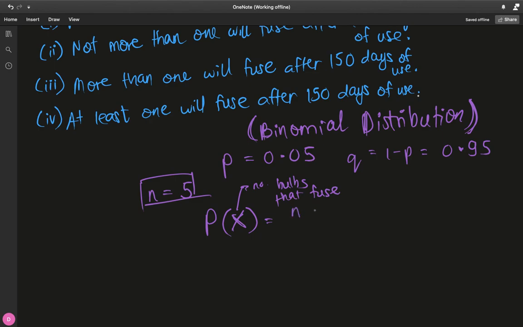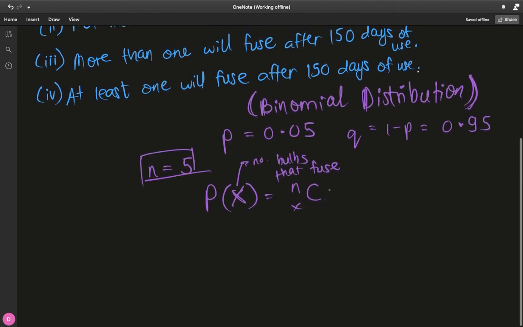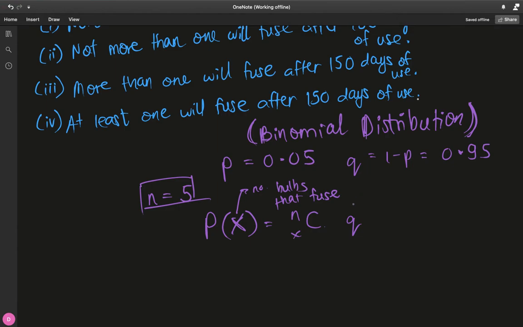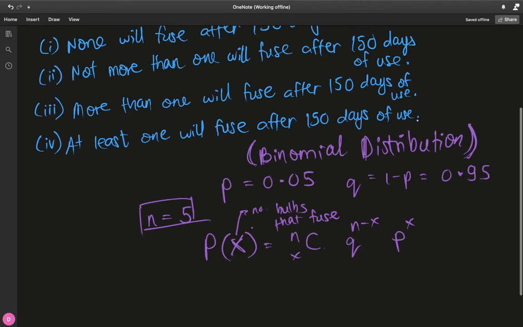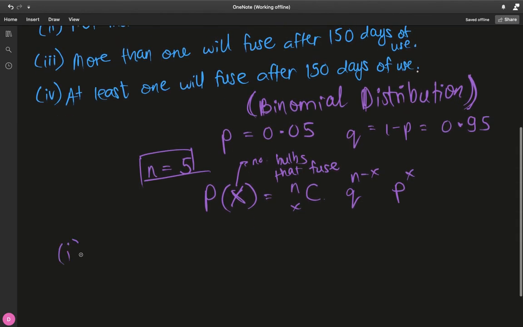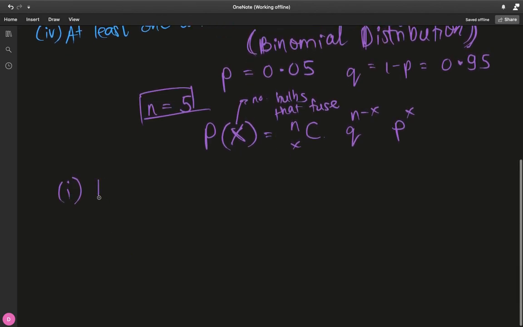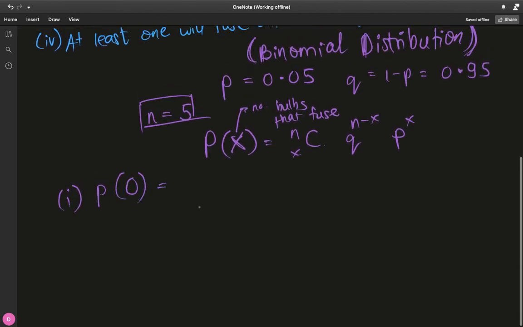Then the formula is n choose x times q raised to n minus x times p raised to x. So that's basically what we're going to use again and again. So for non-fusing, x is 0, right?